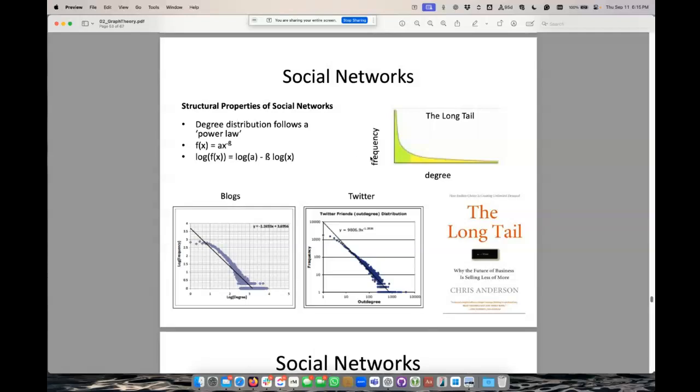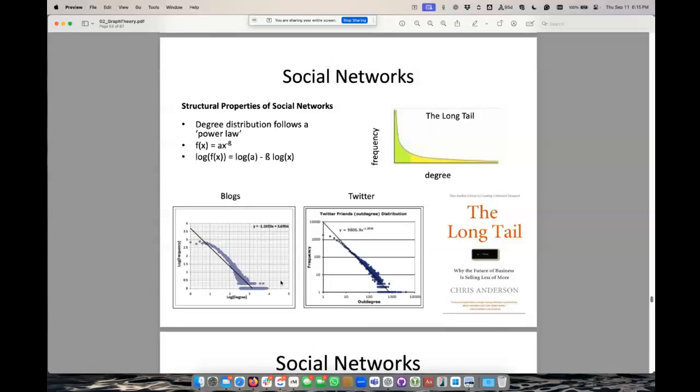In fact, if you do this experiment on social networks, where you collect users and their followers and build that chart, you will see exactly a long tail phenomenon. But if you do a log transformation of those data points, then you will see that this linear behavior exists.